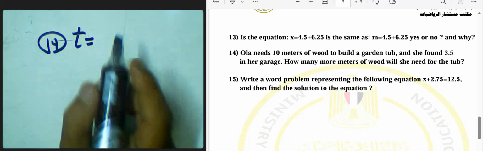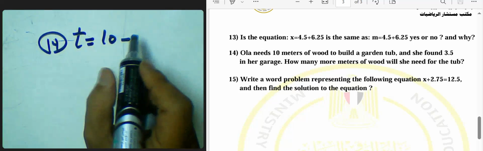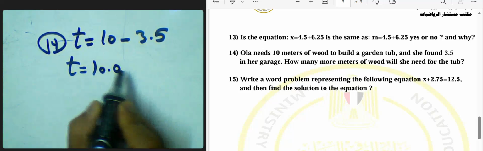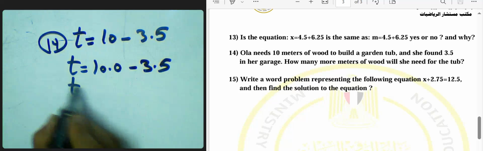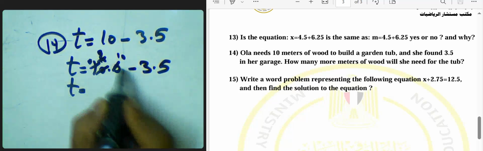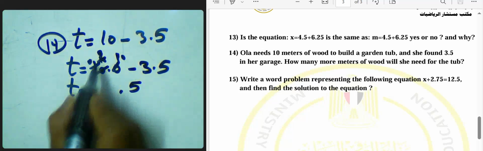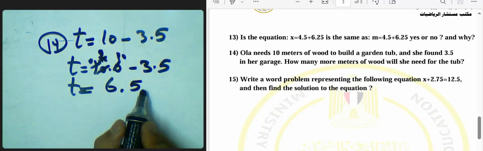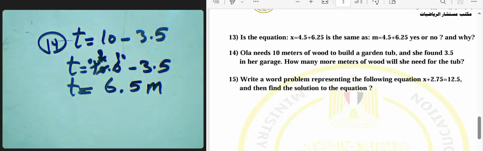We can find the difference between them. 10 subtract by 3.5. 10 point 0 minus 3.5, over 1 it will be 0, 10 minus 1 will be 9, and then 10 minus 5 will be 5, and 9 minus 3 equals 6. The result will be 6.5 meters.